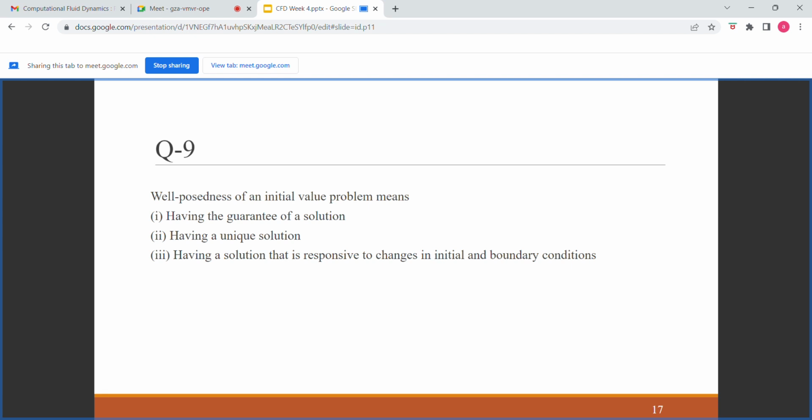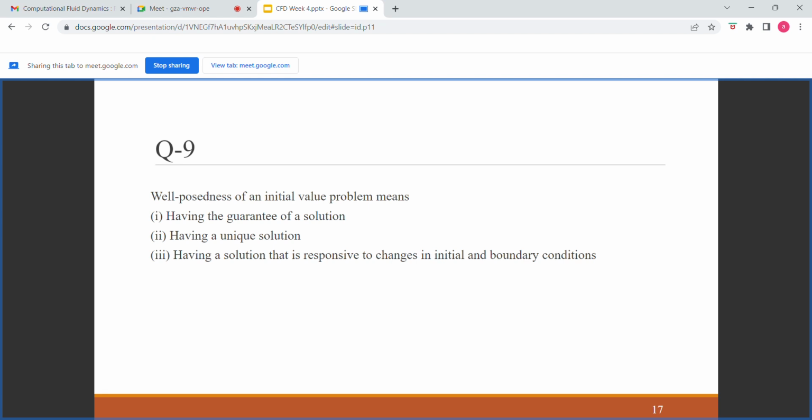For the problem with all those conditions, there should be a solution. The solution should be guaranteed. And the next thing is that a unique solution should be there. It does not mean that once the solution is guaranteed, it is over. No, the solution should be unique.